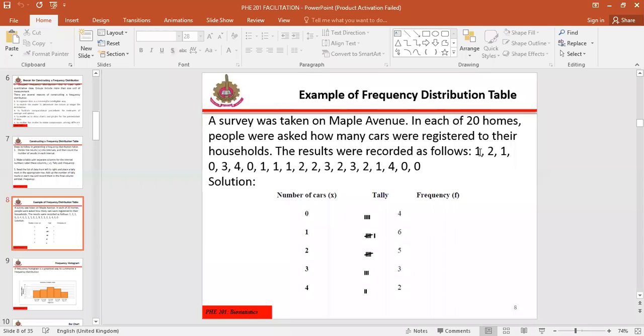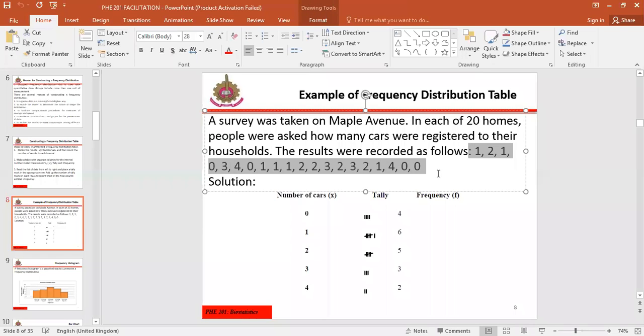Those are the results I highlighted: 1, 2, 1, 0, 3, 4, 0, 1, 1, 1, 2, 2, 3, 2, 3, 2, 1, 4, 0, 0.